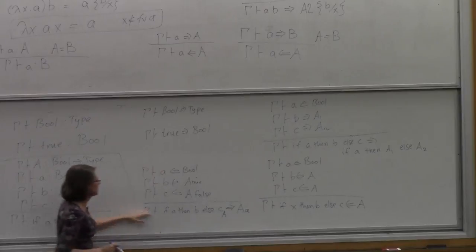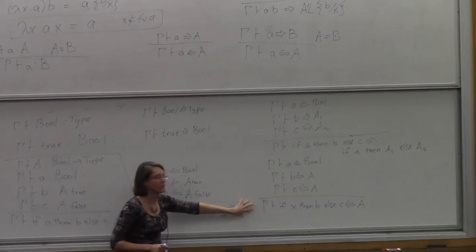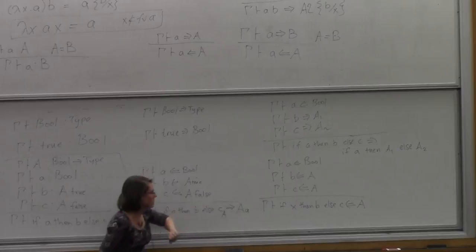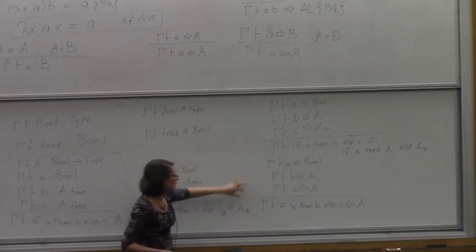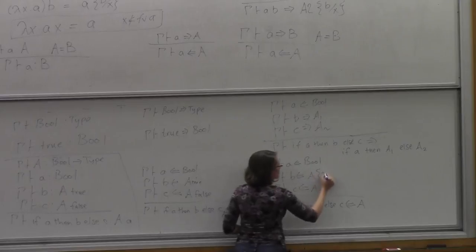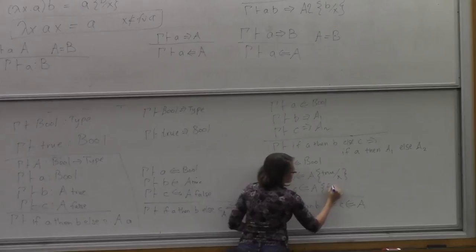So back to this one, right? This was A applied to X, or just A with a substitution of A for X. But then there was X, right? So we know what X is, right? And so that means here, when we go down, we can still keep checking, but now we can say X is true and X is false.